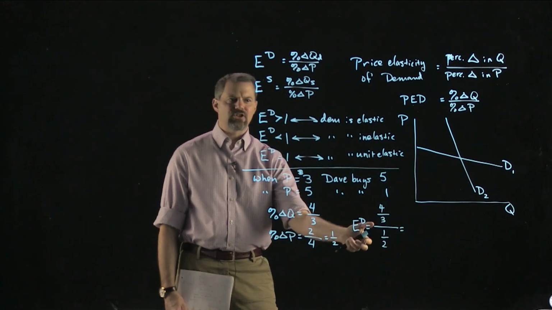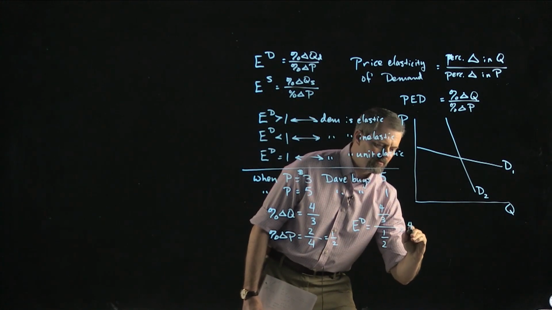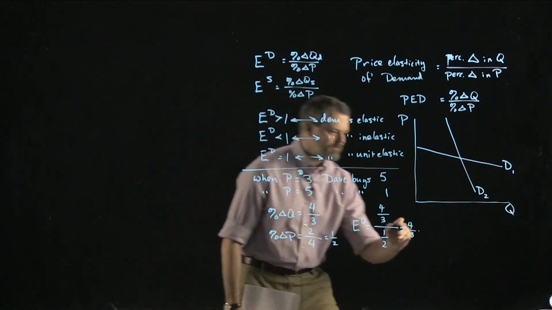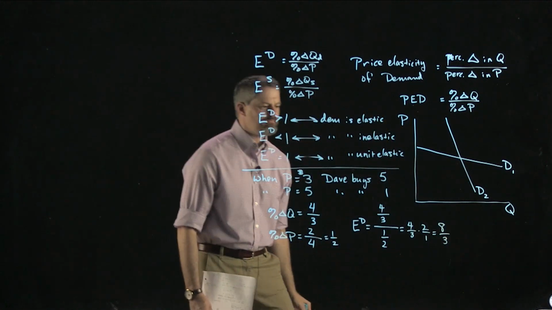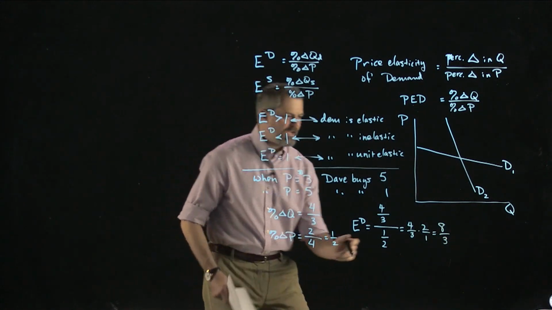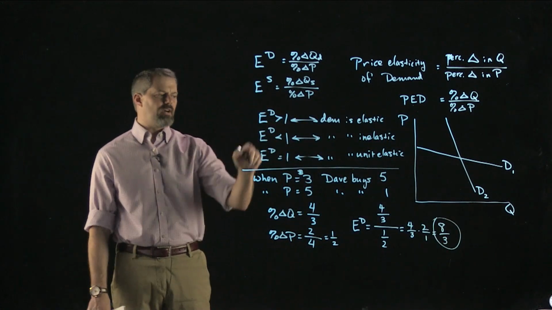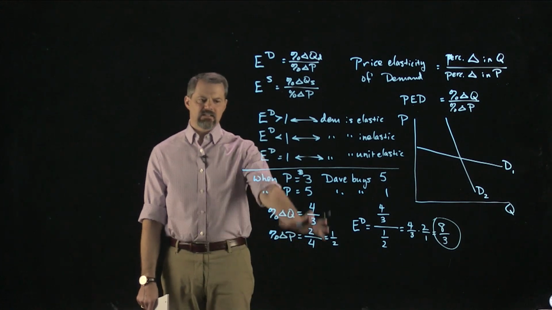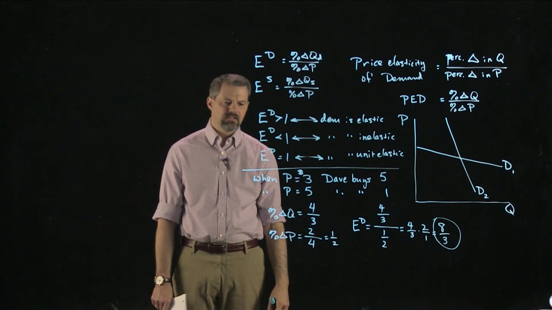Remember, if you've got a fraction of 2 fractions, the way you reduce that is you write the top one and you multiply by the reciprocal of the bottom one. So this is equal to 8/3. Price elasticity of demand here is 8/3. 8/3 is bigger than 1, so demand is elastic. So that's a nice, simple example of how to calculate elasticity.